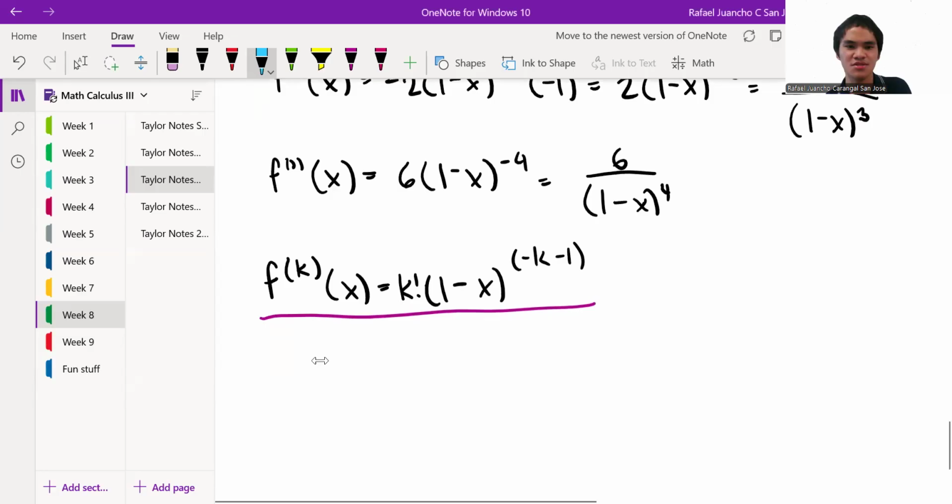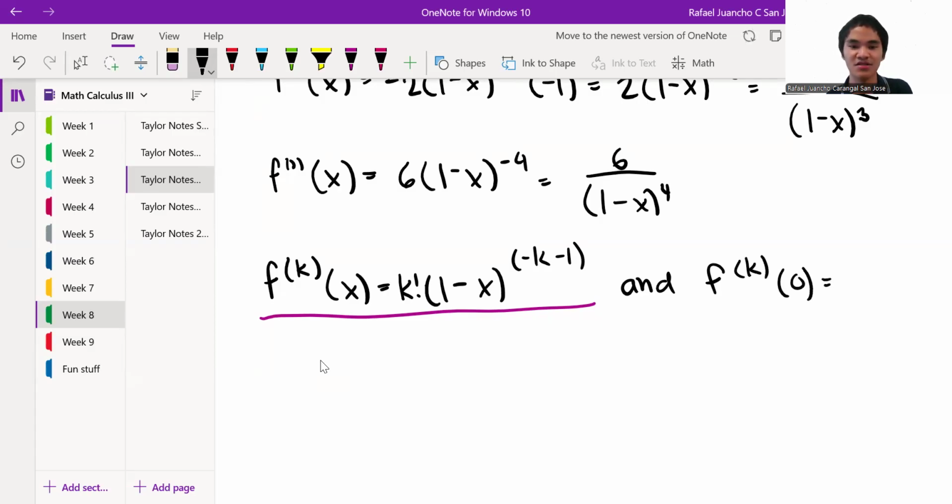Okay, this is a textbook, but it says something about finding f to the kth when I plug in 0. If I plug in a 0 to my x, it's going to be 1 minus 0, some k value. It's always going to be a 1, so it's just going to be k factorial.